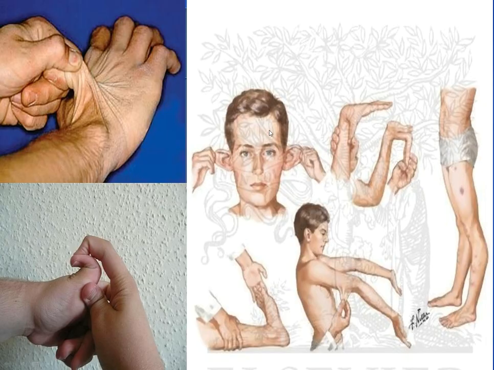In the picture you can see the clinical features. This is stretchy skin, hypermobile joints, vascular defects can be there, fragile skin can be there. So this is all about Ehlers-Danlos syndrome.